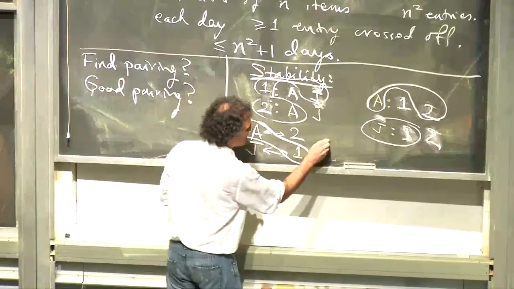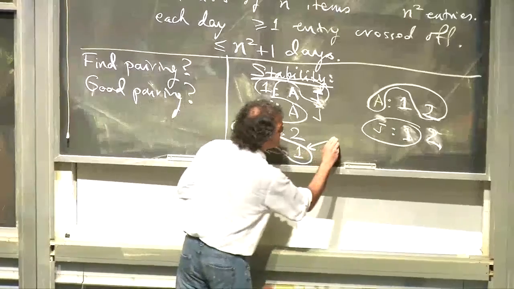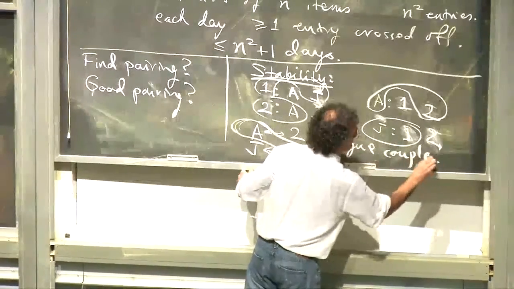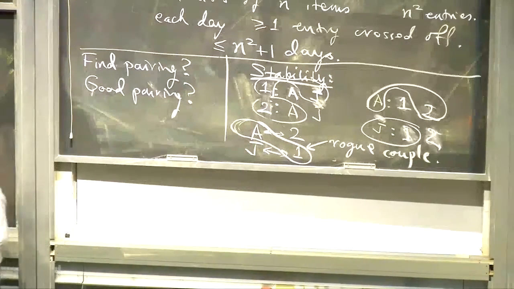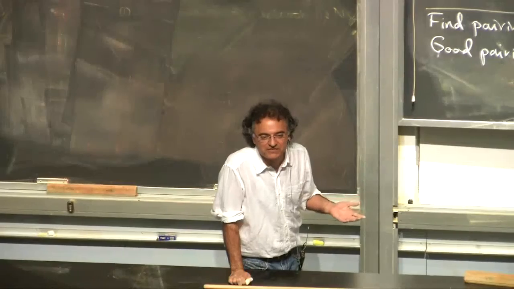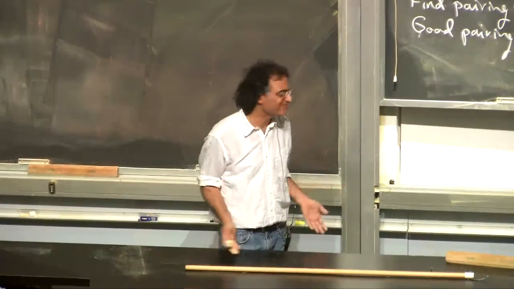So A and 1 are what we would call a rogue couple. They're a rogue couple in the sense that it can't possibly be stable. Sooner or later, they're going to be working late on a homework and something like that.